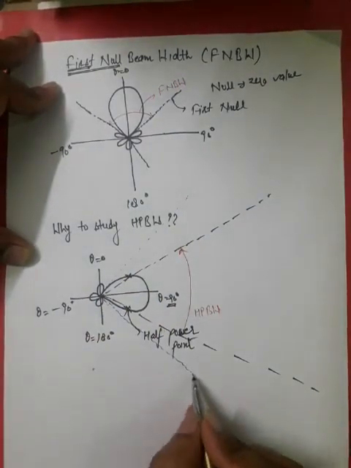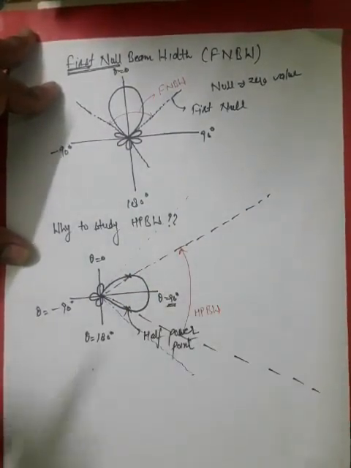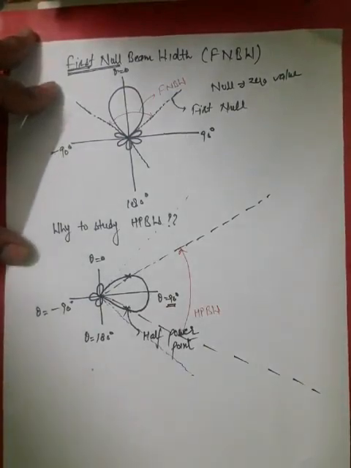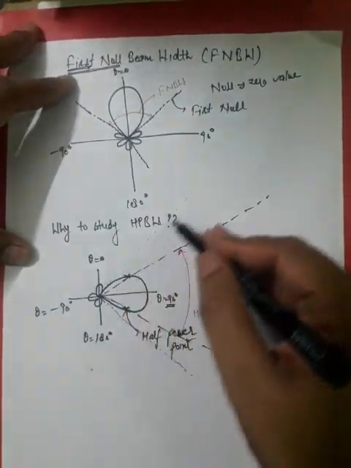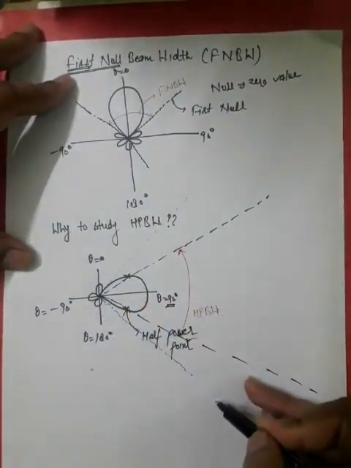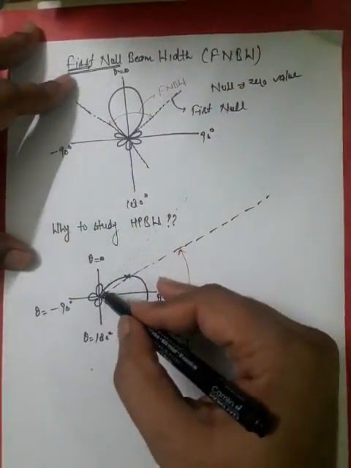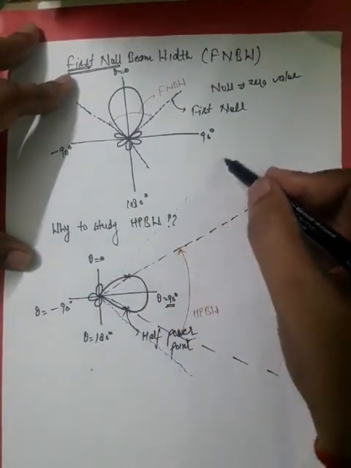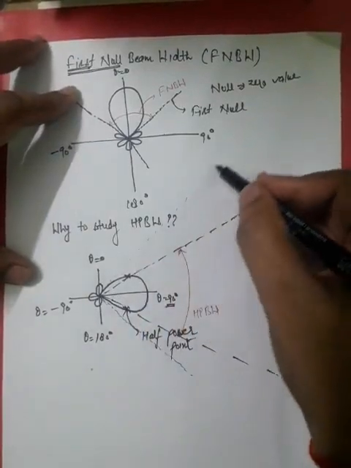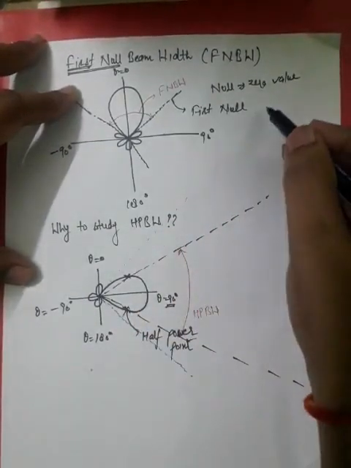So it means your power at the first null beam width, on this line, will be 0. On the line we have drawn here, if you move your receiver, you will receive 0 power.